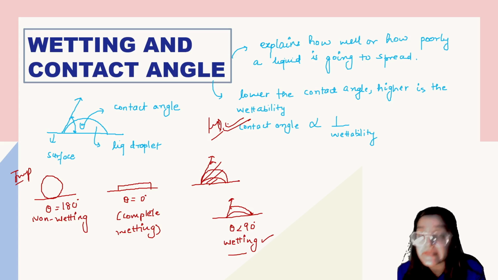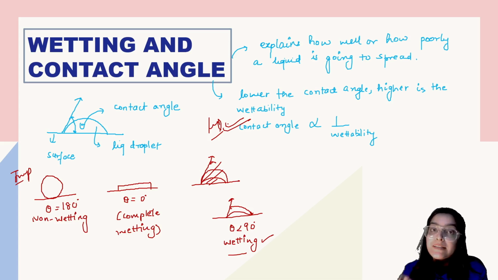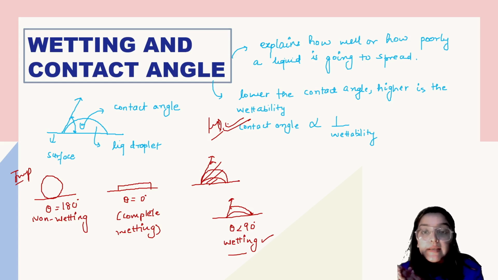So what is wettability? Wettability is the ability of the liquid to maintain its contact with the solid surface. You must understand this. Okay students, wettability is inversely proportional to the contact angle.